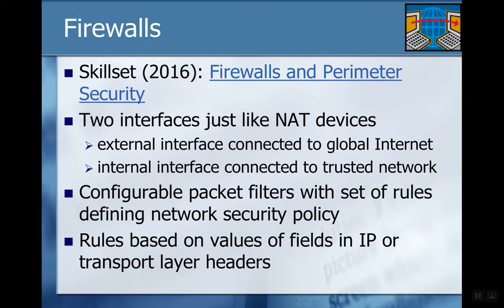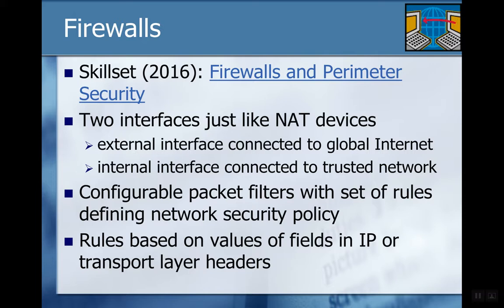So only things that are authenticated can pass through. There are rules. The idea is that a firewall is programmable by establishing rules. And rules can be all sorts of different things: any combination of source and destination addresses, protocols, ports. So it's a highly flexible means of establishing security across a network.